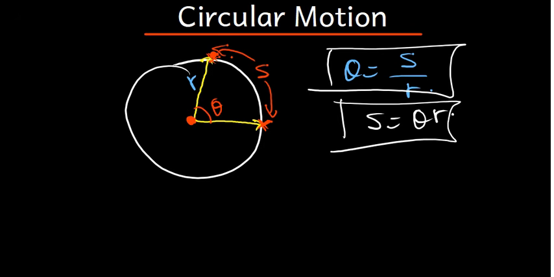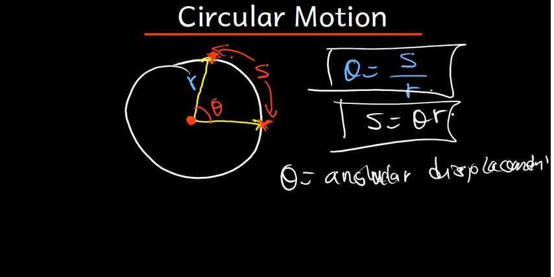Now let's talk more about the theta. This theta is what we call the angular displacement, and the SI units for this, you can either say it's in degrees or it's in radians, rad. So this theta is the angular displacement.